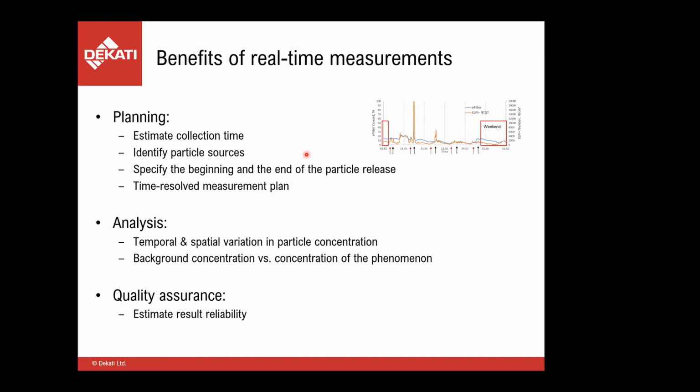For example, you might lose some of the filter material, or you might very simply do something that shakes some of the material on the filter loose, in which case, when you accumulate data with real-time methods and the filter mass measurements, you can go back to the real-time data to check if your gravimetric result looks strange. You can check whether that result corresponds to the real-time data.